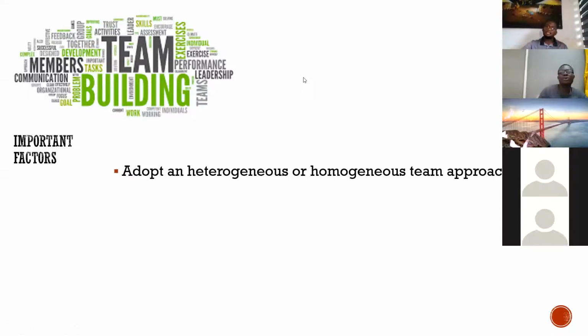Under the heterogeneous team building approach, you are encouraged to build teams that have people with different backgrounds, different experiences, different education, different religious leaning, people from different walks of life. So this is what this approach is all about.